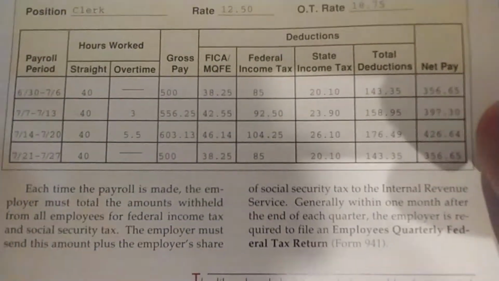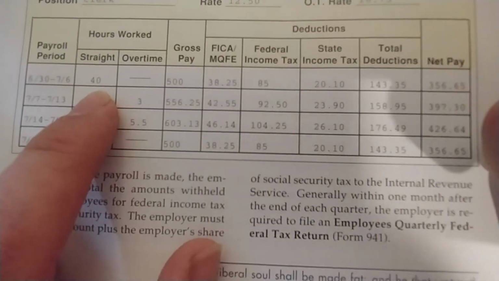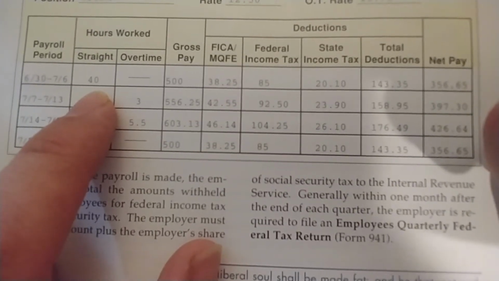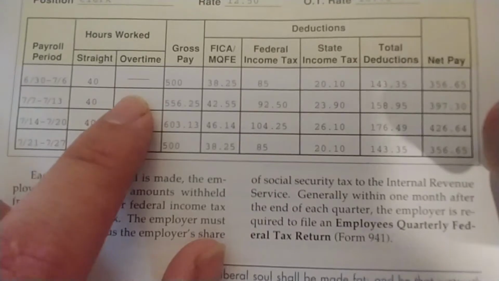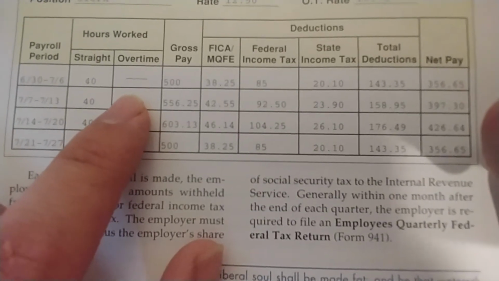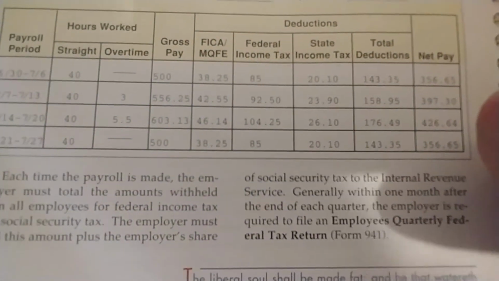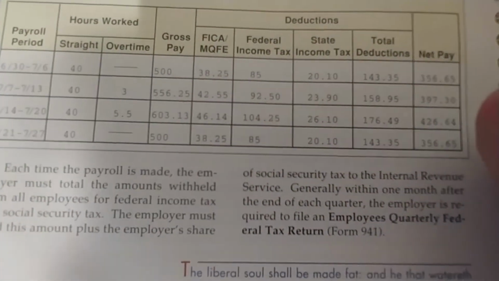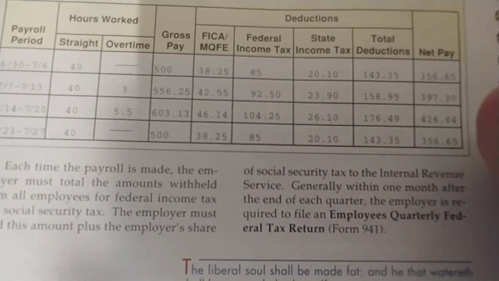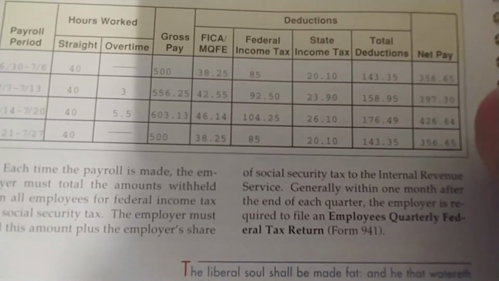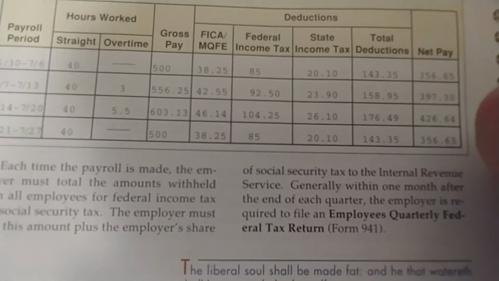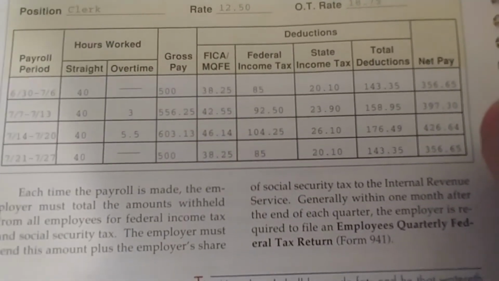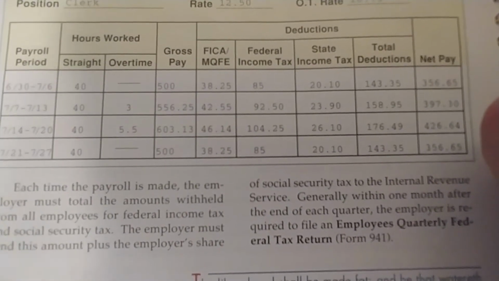Often a business will pay you $10 an hour up to 40 hours a week, and then different ones are set up different, but then they have what's called overtime, so that would be any hours that were over 40, and a lot of businesses pay time and a half. So if you get paid $10 an hour, your overtime would be $15 an hour because it's 10 plus half again as much, which would be 5.